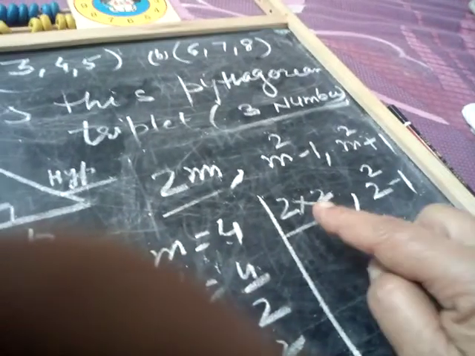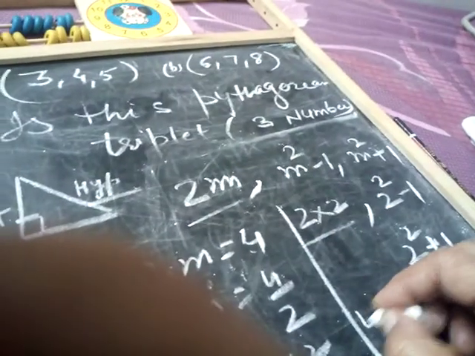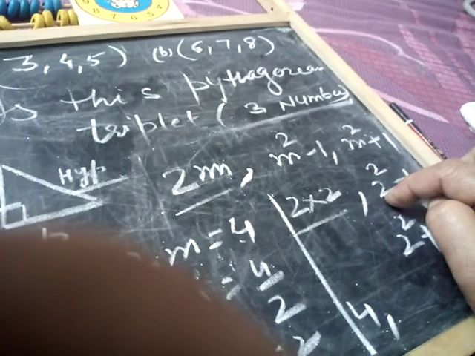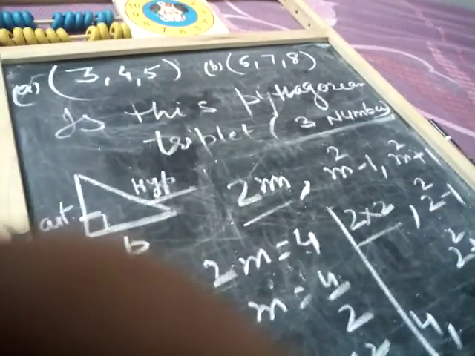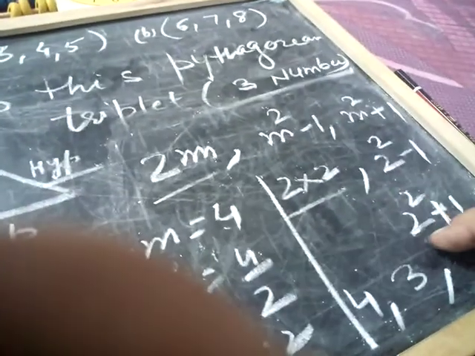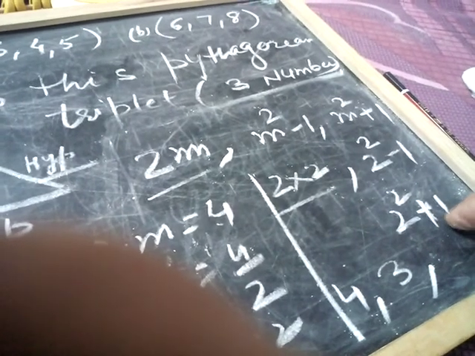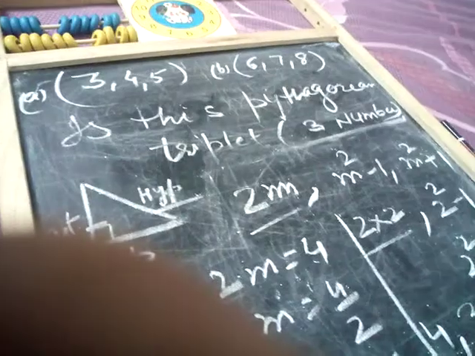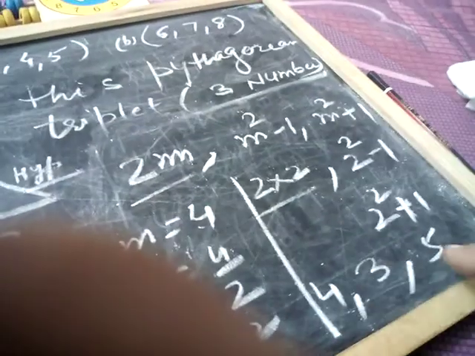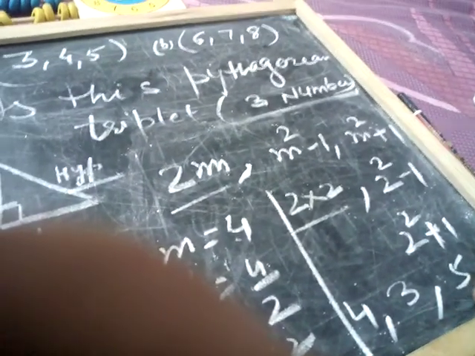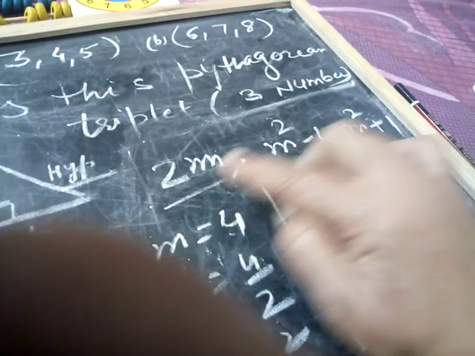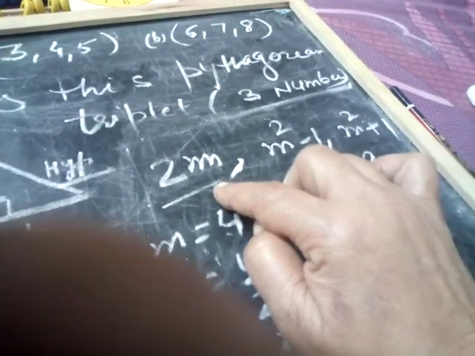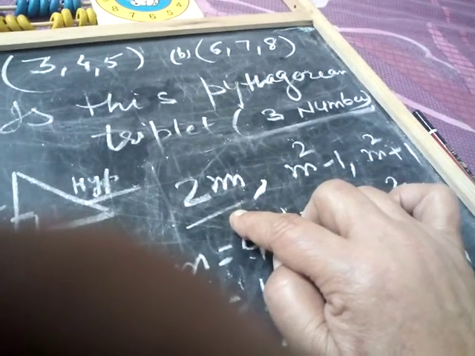Now see, 2 twos are 4. 4 minus 1 is 3. 2 square is 4, 4 plus 1 is 5. So 3, 4, 5 is a Pythagorean triplet with the help of 2m, m square minus 1, m square plus 1. This is the smallest member, or the multiple of 2.